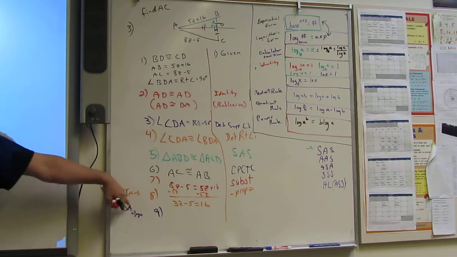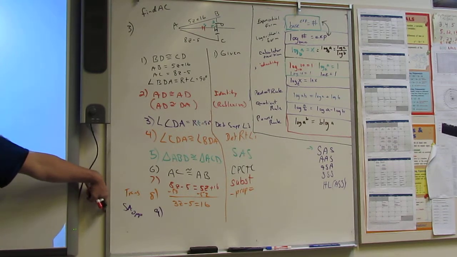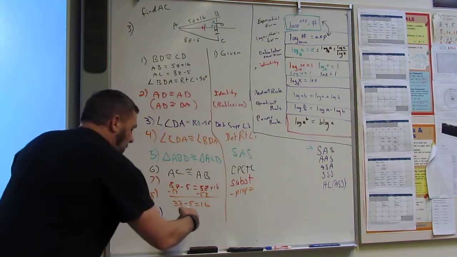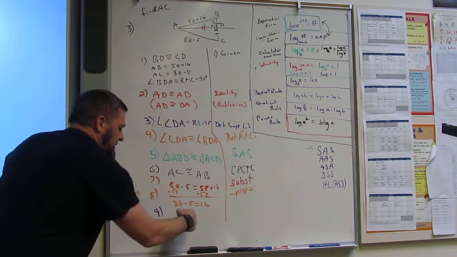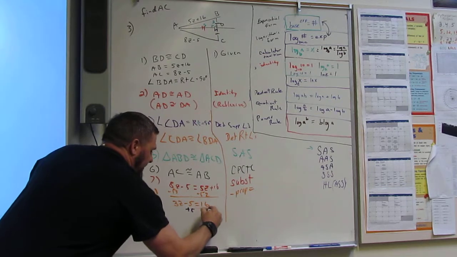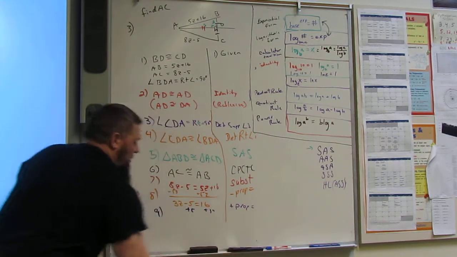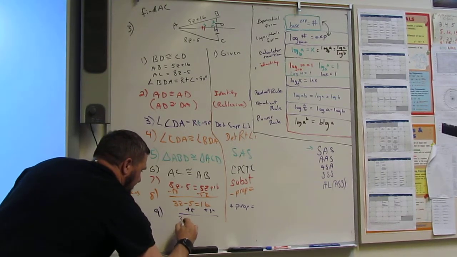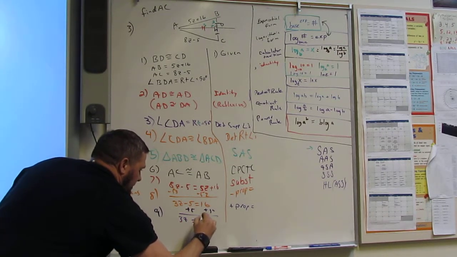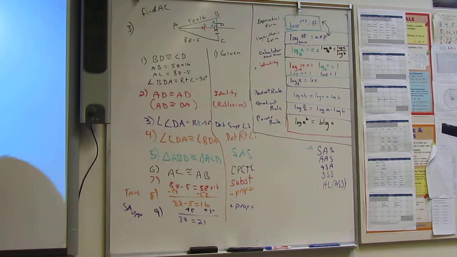Right? So we have subtraction or addition. In this case, we're adding 5, so we call that addition property of equality. So now we have 3Z is equal to 21. Divide by 3.